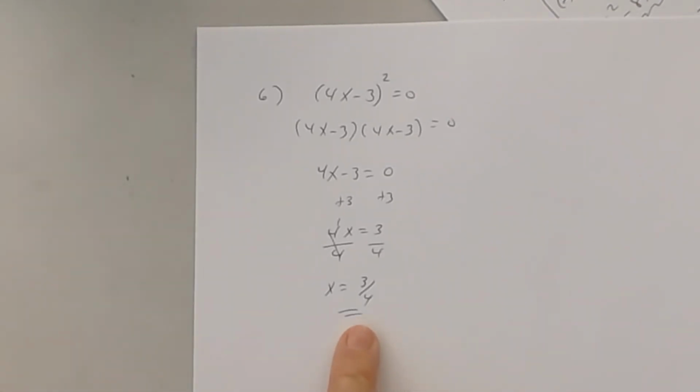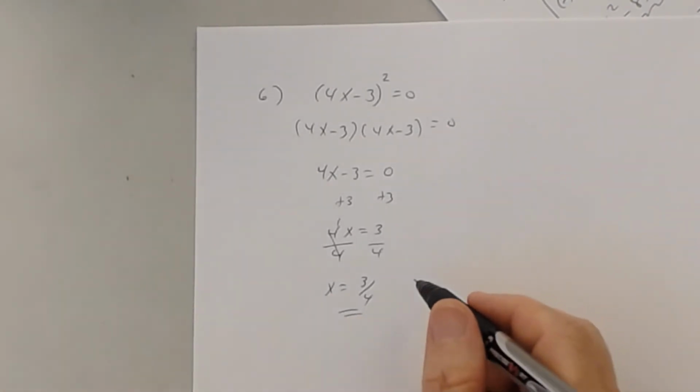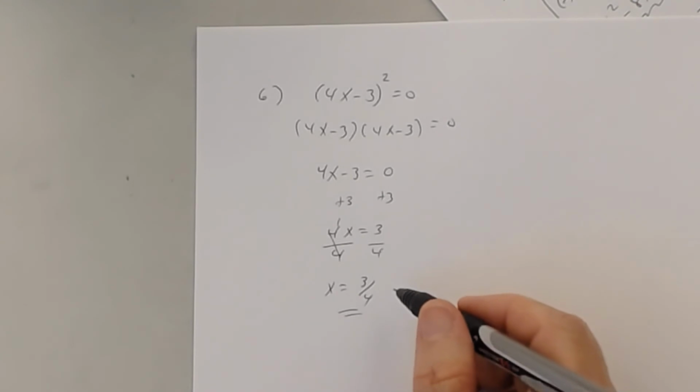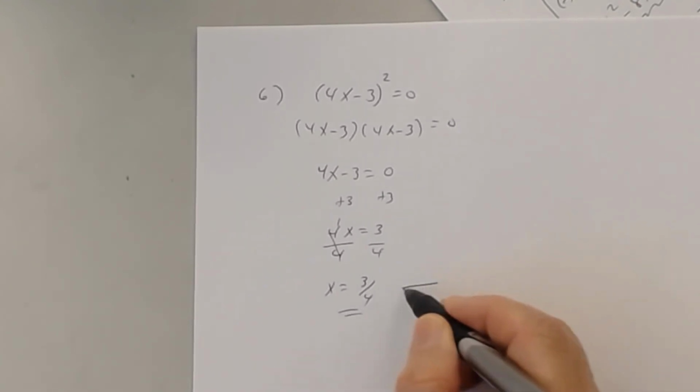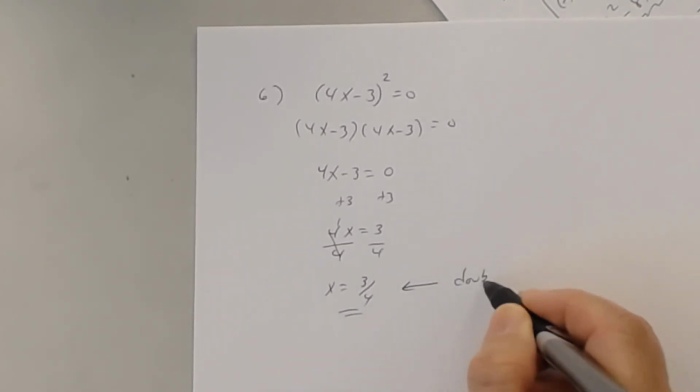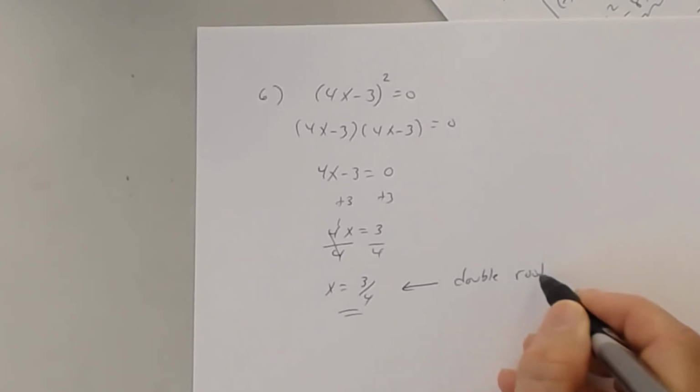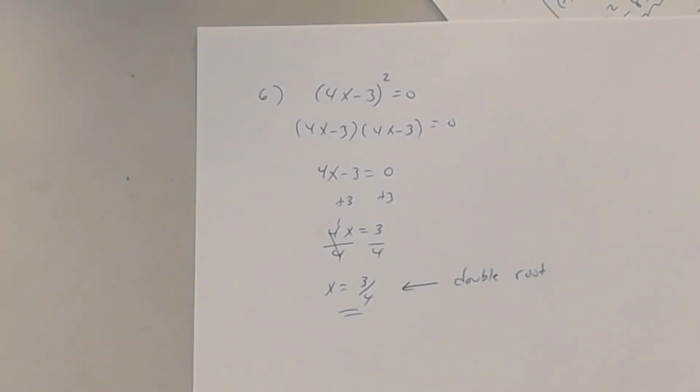But it repeats, because it occurred how many times? Twice. So next semester, you're going to learn about something called the double root. So root means the same thing as solution. So this is a double solution, double root. Because it occurred how many times? Twice. We only list it once.